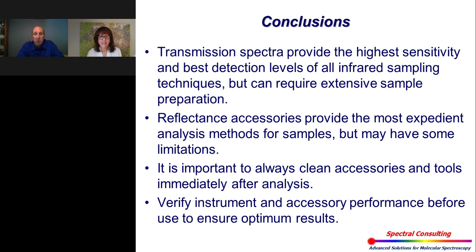We need to look at those things before we start running regular samples. And a lot of times these checks are just maybe a minute or two before we start collecting data for the day. We just want to know from that point forward that the data we're collecting with the method or with the accessory is going to be valid, that we've got everything in tune the way we should have.